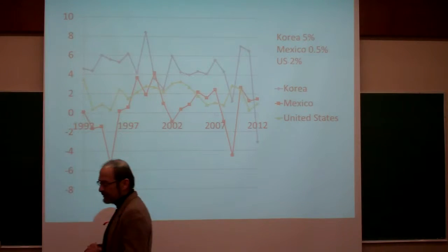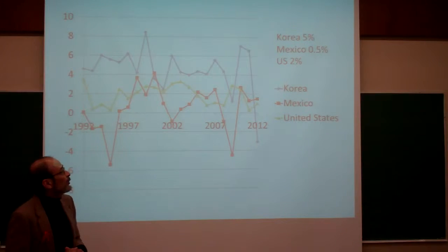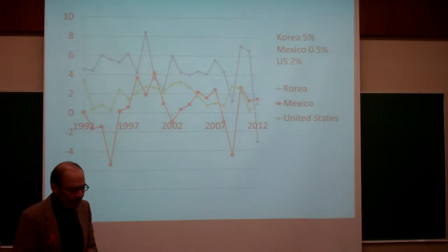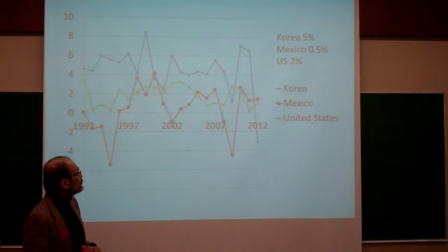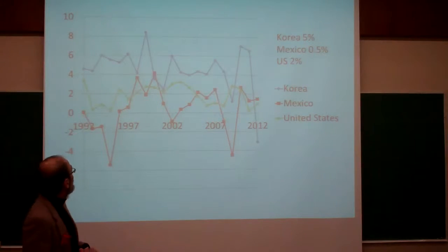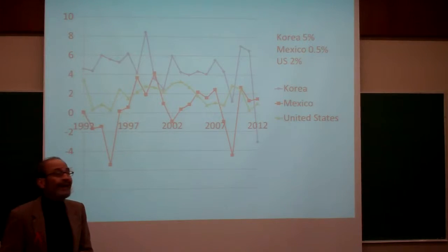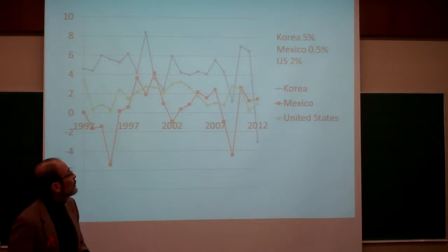Here's another cut of that. This time we look at Mexico, the US, and for good measure, we throw in one of the Asian tiger countries, Korea. So these are productivity growths over the last 2 decades for Korea, Mexico, and the US.